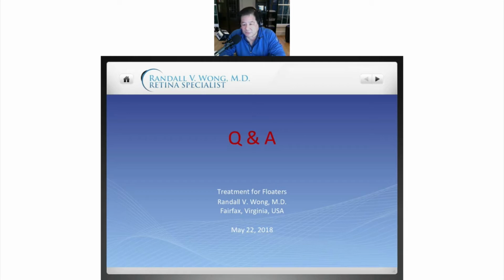I think that if the floaters are due to some disease in the eye, let's pick a retinal problem where you are bleeding, so the actual problem is vitreous hemorrhage giving you the floaters.